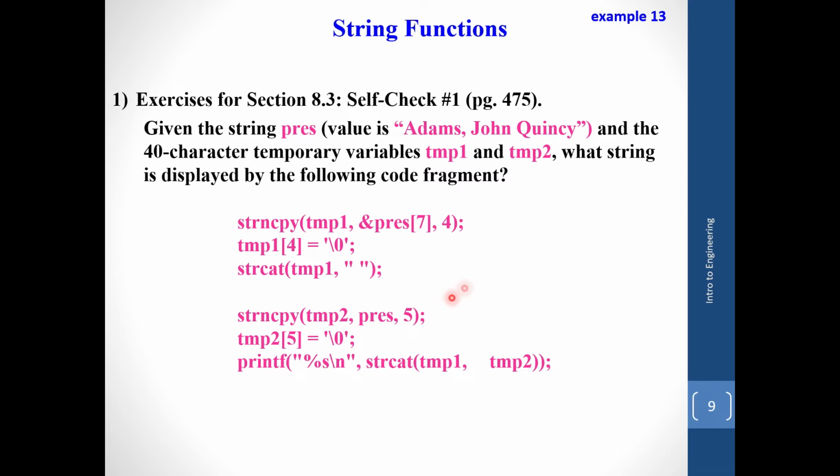Okay, another check. Let's look at this. Into temp 1, we're going to copy from ampersand Prez 7, right, the start of John, and we're going to copy 4. Then we're going to add our null character. Okay, so that should give us John with a null at the end. But then we're going to string concatenate a space onto the end of temp 1.